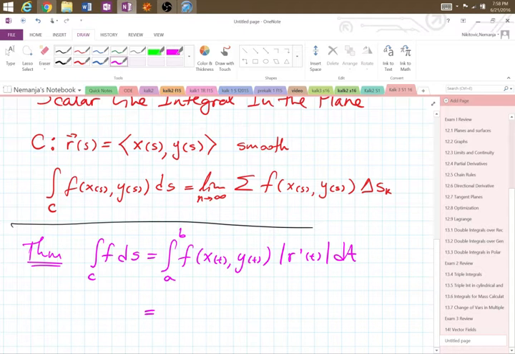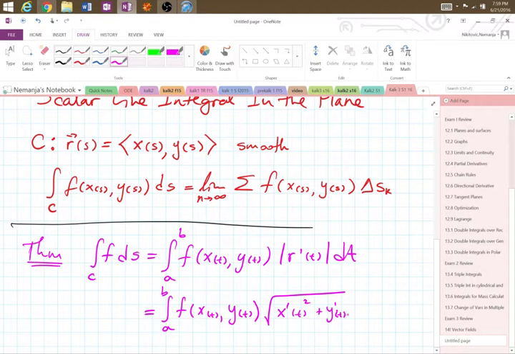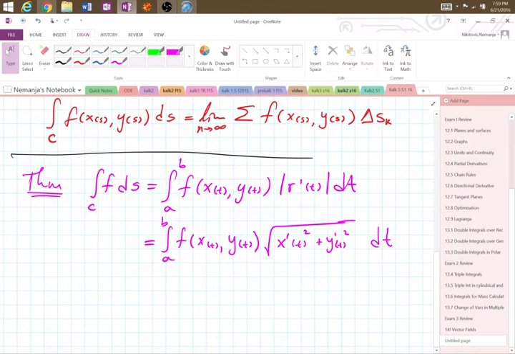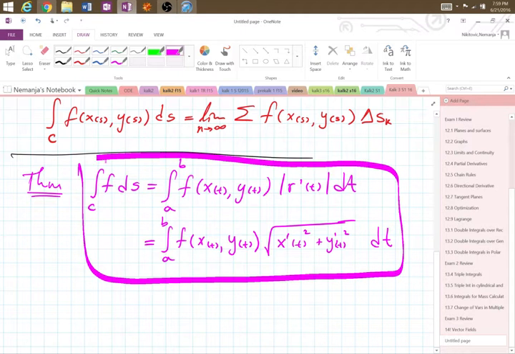And now you can spell out the r prime, which is the square root of x prime of t squared plus y prime of t squared, because this is just computing the magnitude, dt. So this is what we are actually using to compute line integrals.